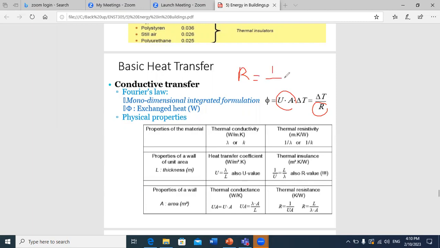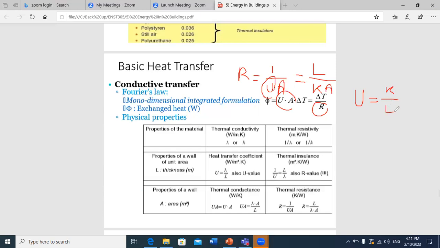And now we have seen the expression of R in case of conduction. Okay, in case of conduction, R is equal to L over KA. So from here, we can deduce what is the U value in conduction. A will be simplified, and the U value in conduction is K over L.